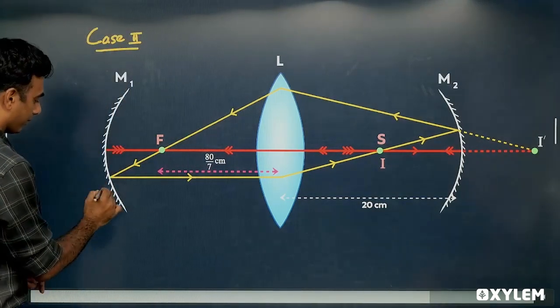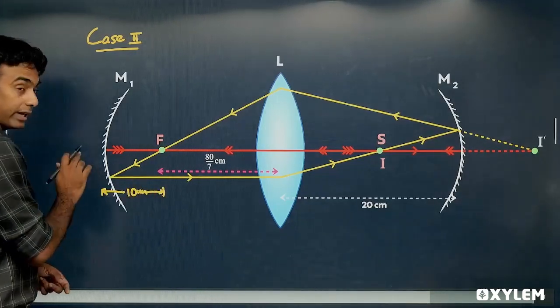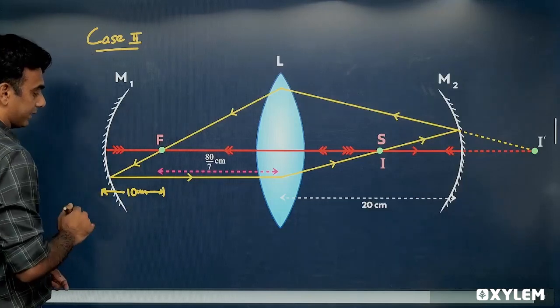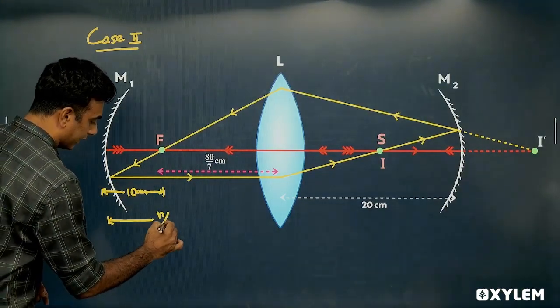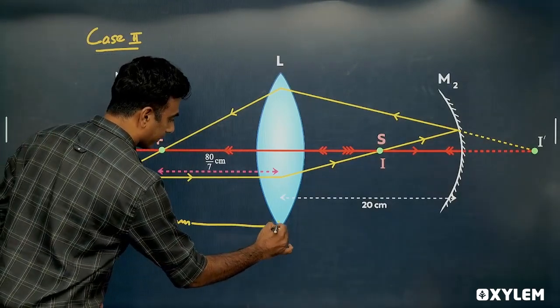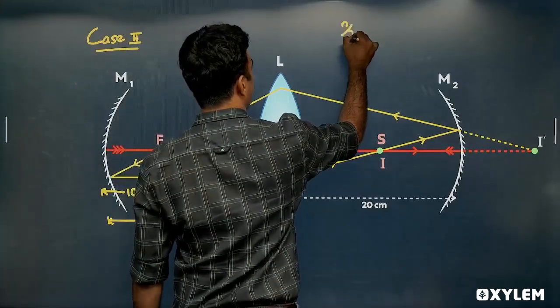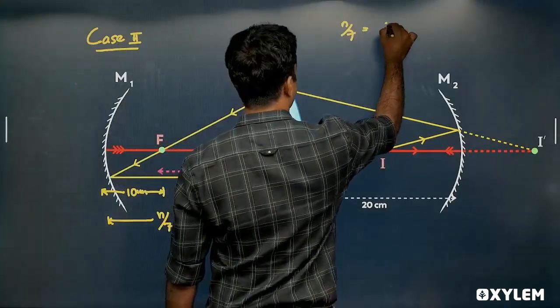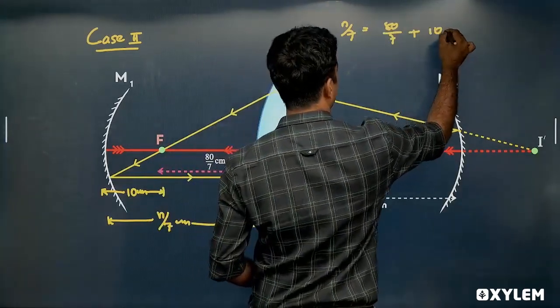In case 2, this distance is 10 centimeter, the focal length of the mirror, and this is 80 by 7. Therefore, the total distance, given as n by 7 centimeter in the question, n by 7 is equal to 80 divided by 7 plus 10.